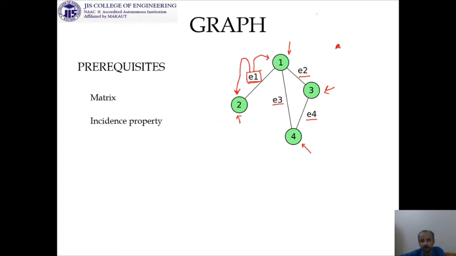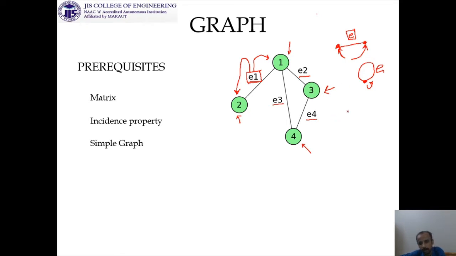If you have a graph like this, then the edge E has only two options to be incident on two different vertices like this, or if the edge E is a self loop, in that case E is incident on V and V. Now, what is a simple graph?